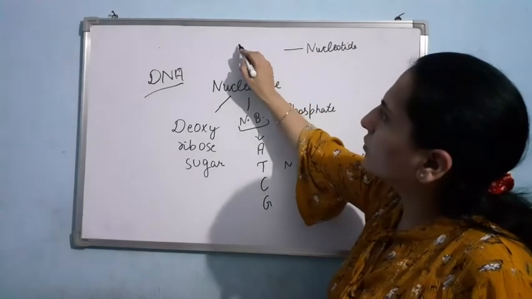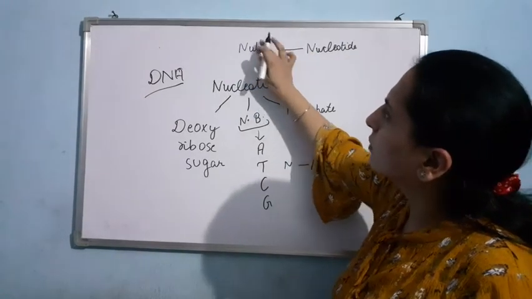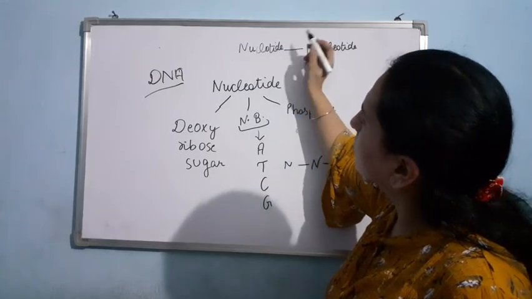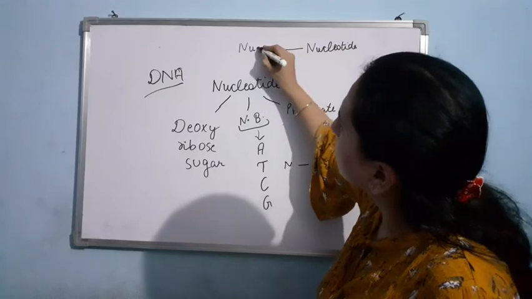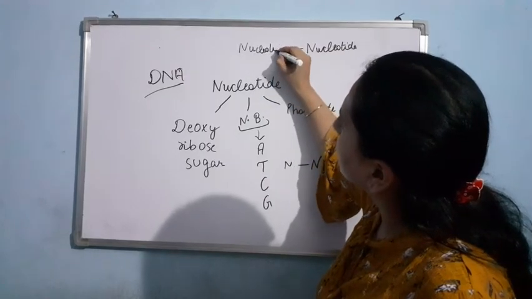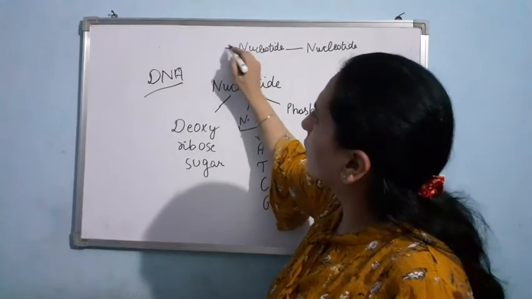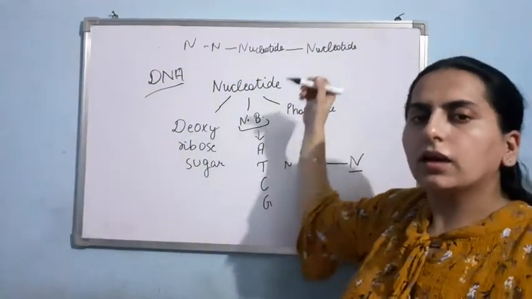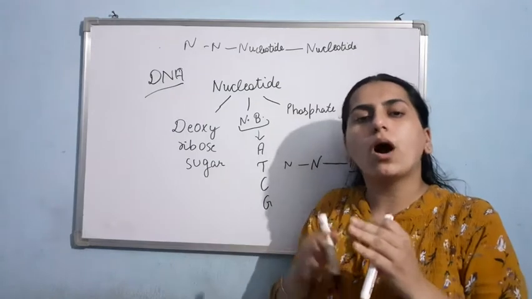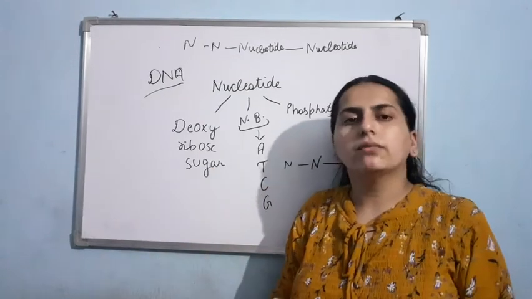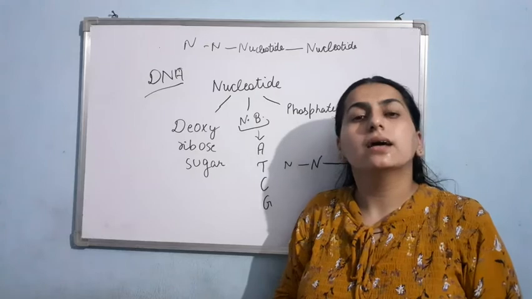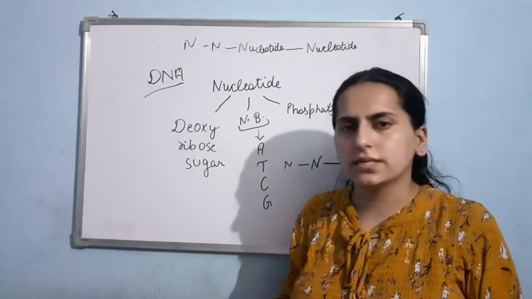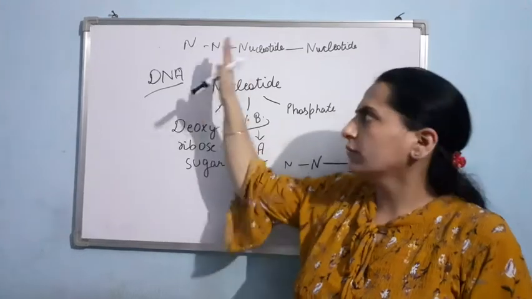It will make a bond with the second nucleotide, then the third, then the fourth, and in a similar way, there will be the formation of a polynucleotide in which many nucleotides are attached. And how are they bonded? This we discussed yesterday, the name of the bonds, everything we have done.